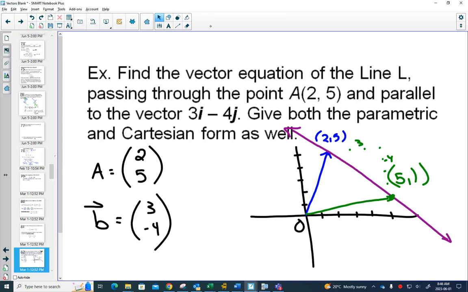Now, when it says that it's parallel to 3, -4, if I draw the vector b, and I'll draw the vector b here in orange, if I go over 3 and down 4, I would get to that point right there. And if we take this orange one and match it up, notice how perfectly it matches up.